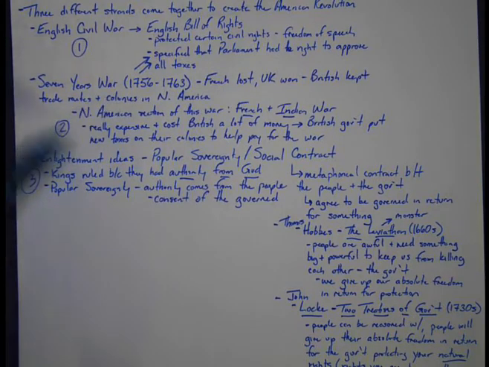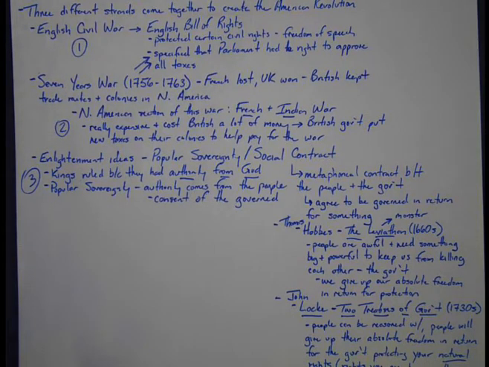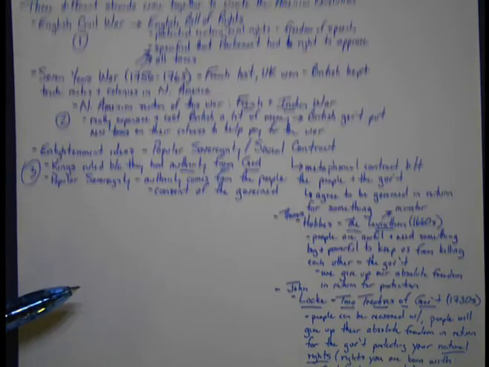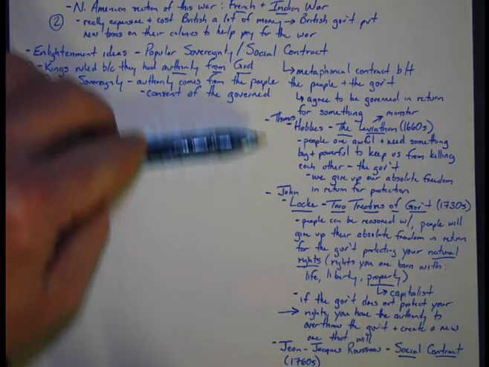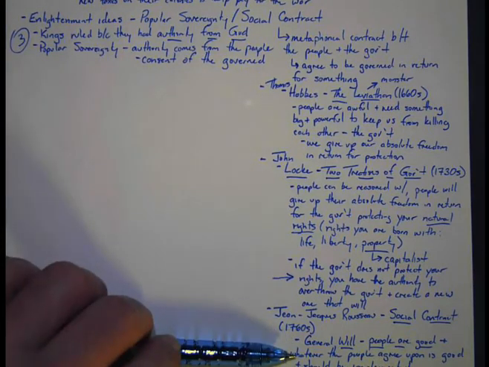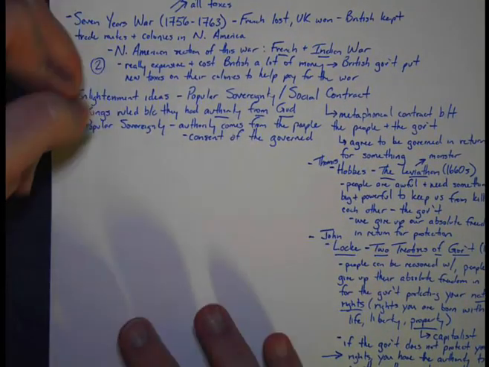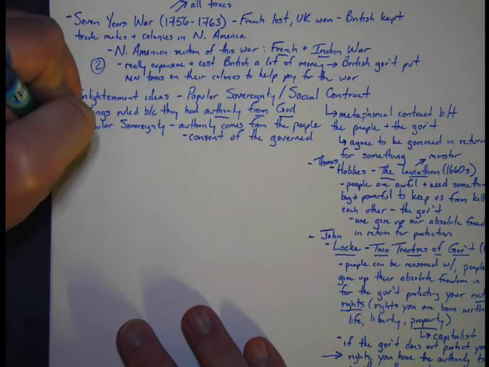The British won this war, the French lost this war, and these colonies are being taxed to pay for the war that was just fought to defend them. And then finally, this third thread, these ideas of popular sovereignty and the social contract, these ideas are going to really influence what's about to happen in the American colonies. So now let's jump into the American Revolution. So we're not going to dwell on the American Revolution too much.